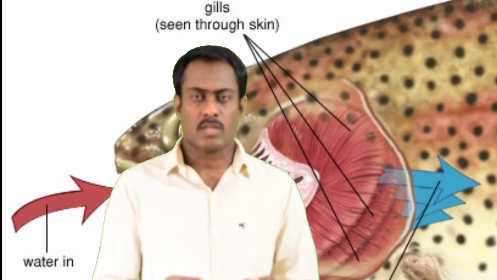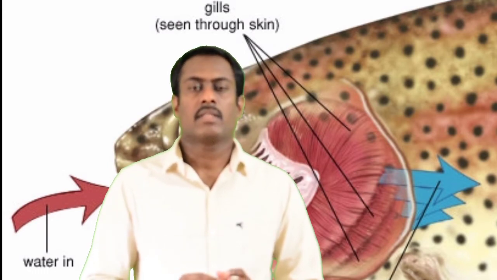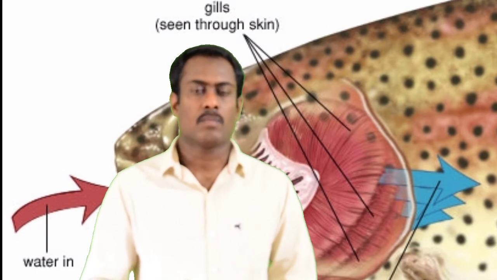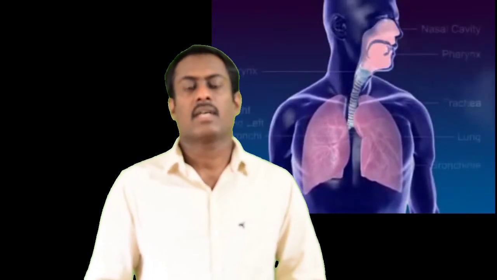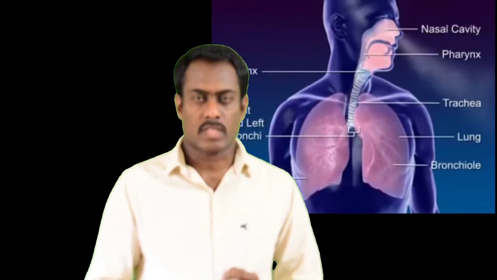In all these animals, a large surface area provides for the exchange of gases. In humans, the air is taken in through the nostrils.